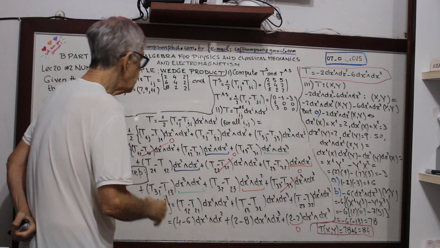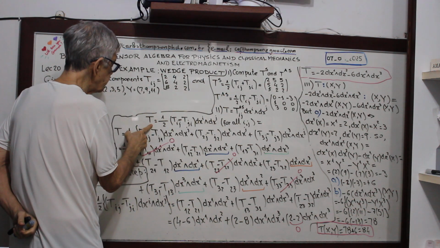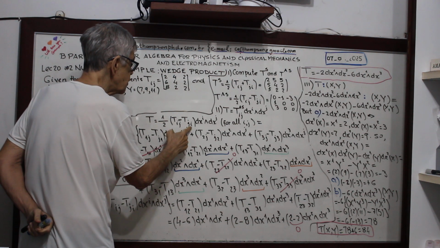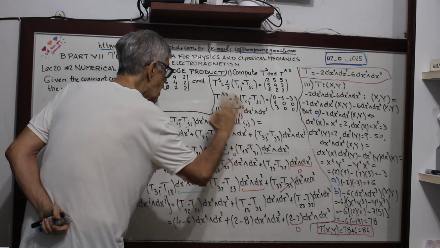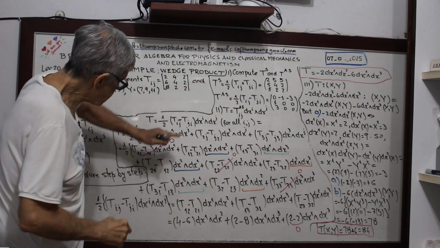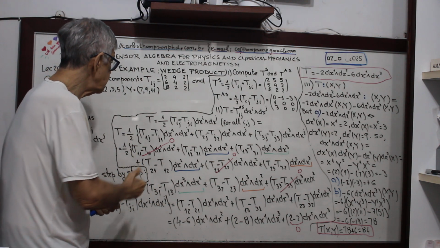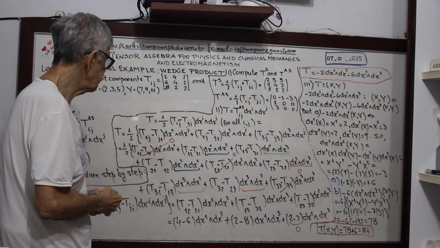So I work only with the antisymmetric part. It's 1/2 (T_ij minus T_ji) dx^i wedge dx^j for all i, j. There's a long derivation, but I prefer to develop this relation over here.